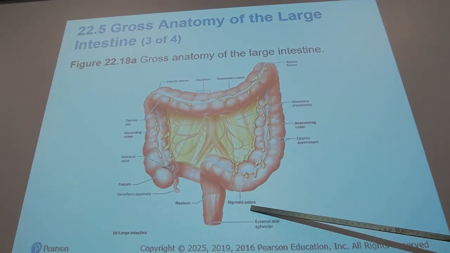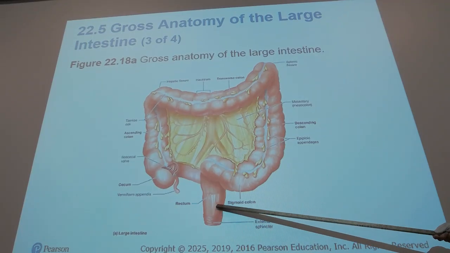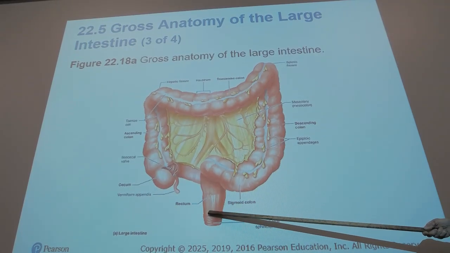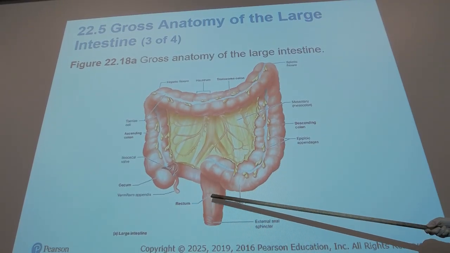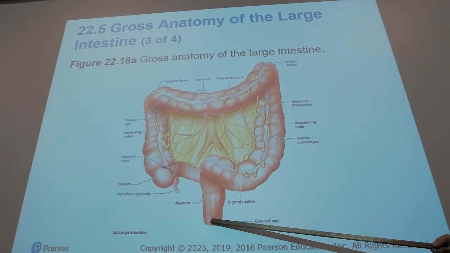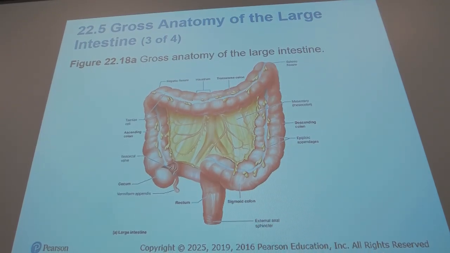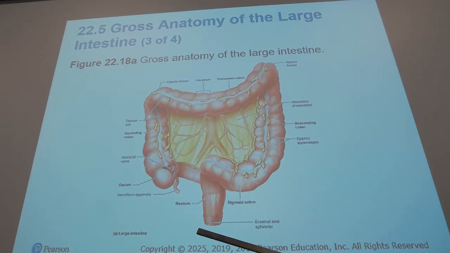This is going to be called the sigmoid colon, and then you will have a straight, small portion that is the rectum, where you store temporarily the feces, and then you have the anus, and you have an internal anal sphincter, which is made by smooth muscle cells, and an external anal sphincter, which is made by skeletal muscle cells. External anal sphincter is voluntary, internal anal sphincter is involuntary.